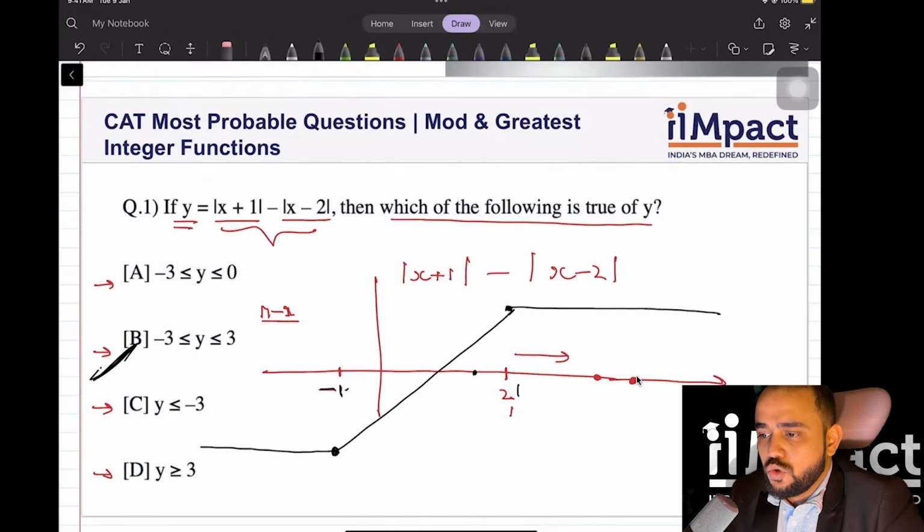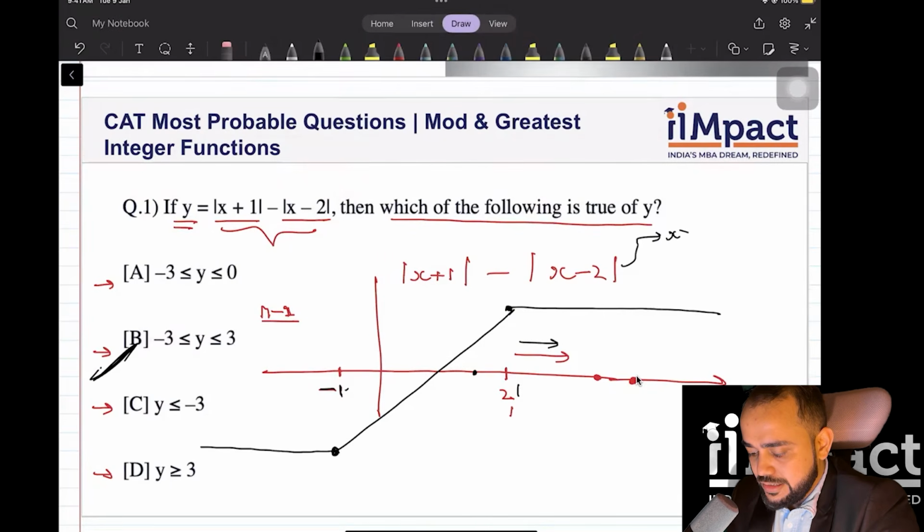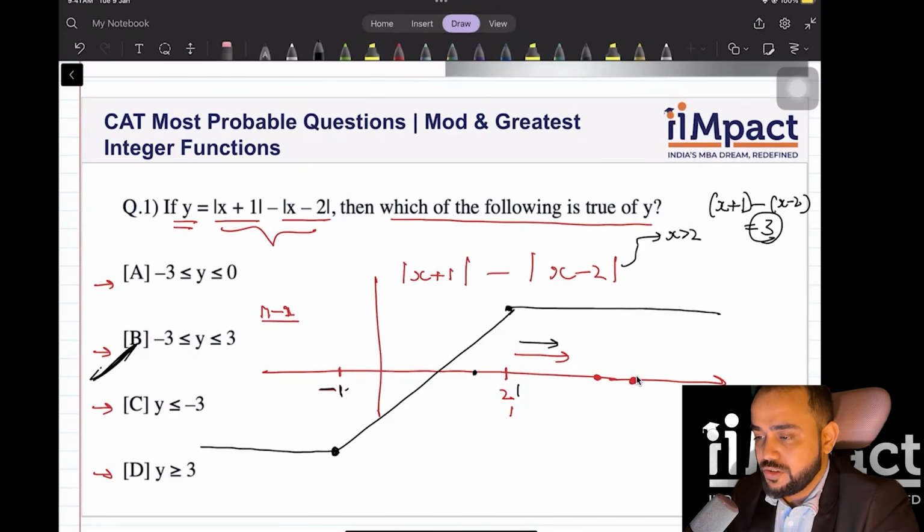Now, the other method for this would be, instead of doing what we did graphically, noting that towards the right of 2 the difference will be constant, you can break your domain like this. I will find the expression for this function by breaking the domain. So if I take x greater than 2, the first mod will open up as x plus 1. The second mod will open up as x minus 2, and this will turn out to be equal to 3, a constant number, something which we could inherently see from the distance interpretation.